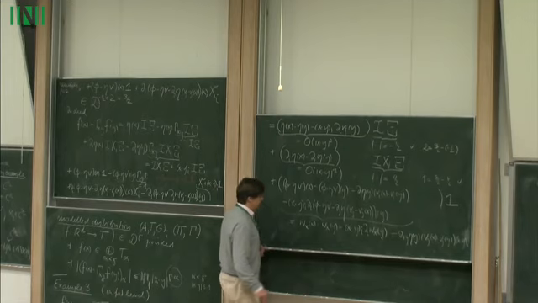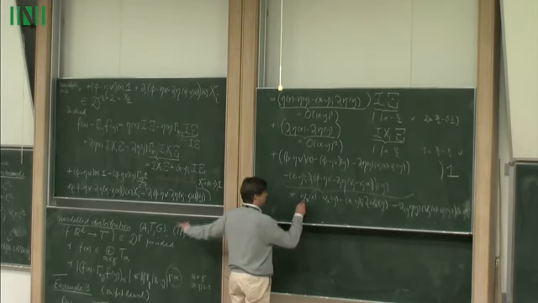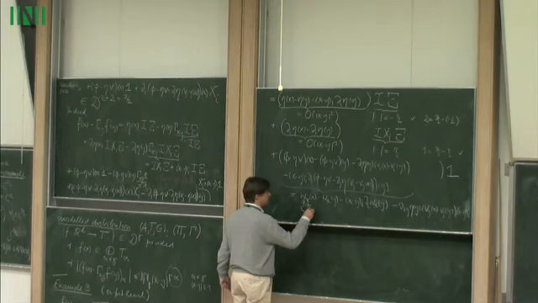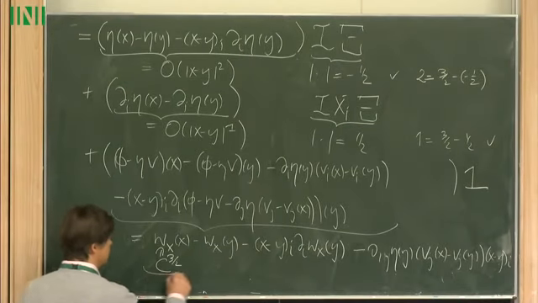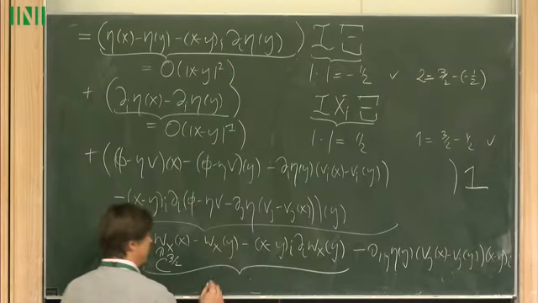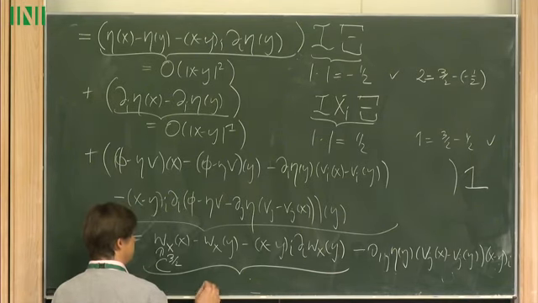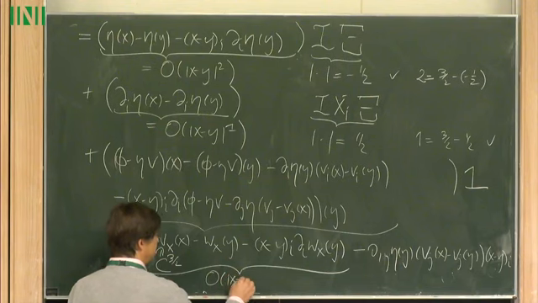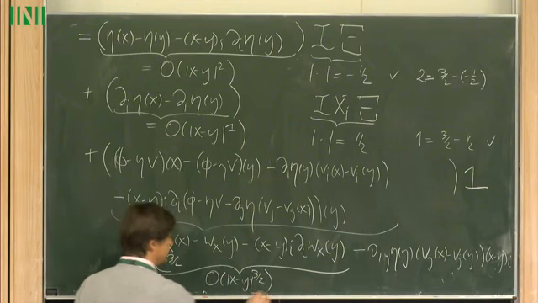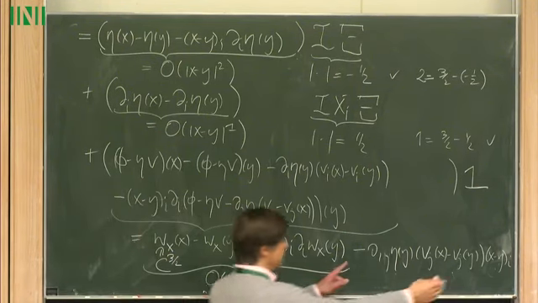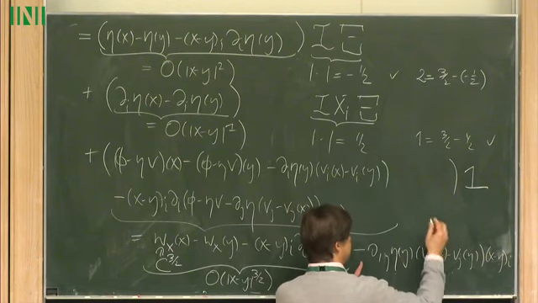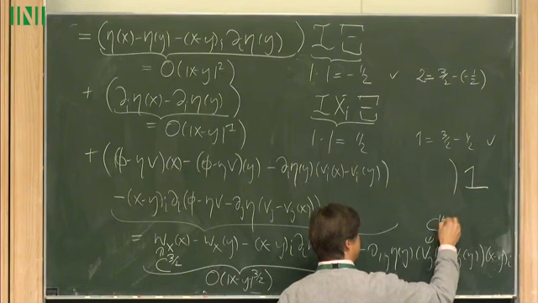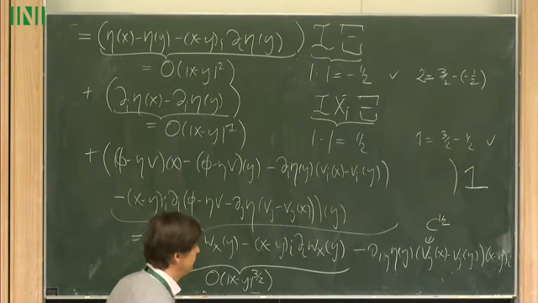And now you remember from PDE theory that this is 3/2. So that means this entire term, because it's the first order Taylor polynomial, is of the order x minus y to the power 3/2. And so is this term, because Vj by Schauder theory is C1/2.